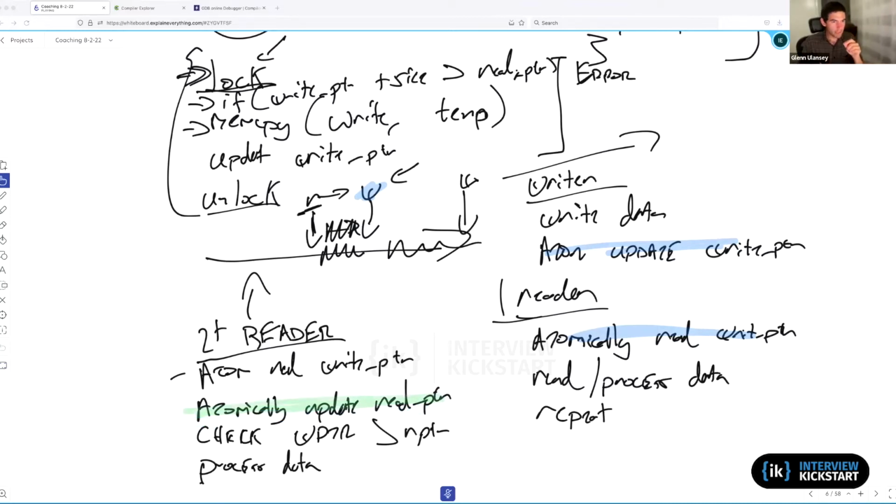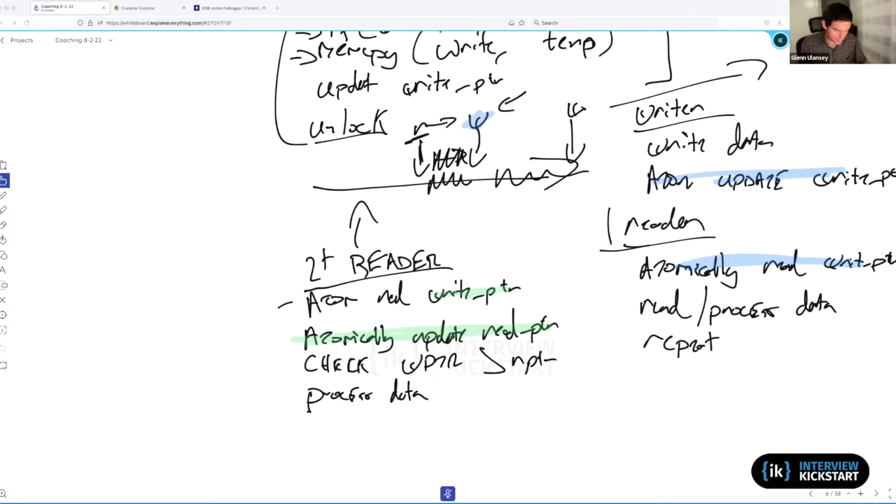Not only do we need to make sure that the value gets updated, we need to make sure that no one else at the same time tried to read it as well. There's multiple readers, they might all be trying to read data the moment the write pointer is updated. So they might all see, oh, look, there's data to read. We're all going to try and jump on it at the same time.